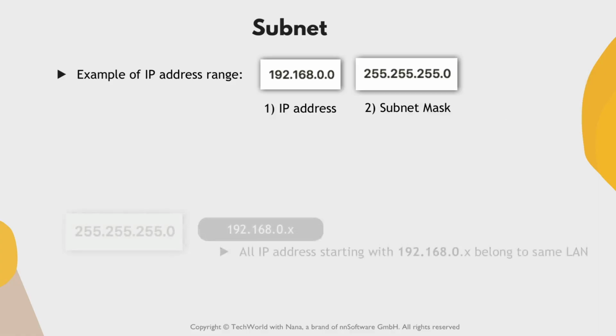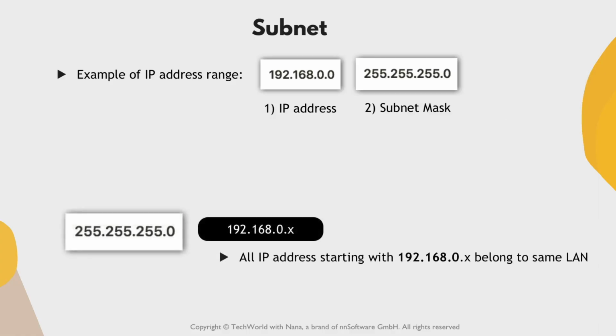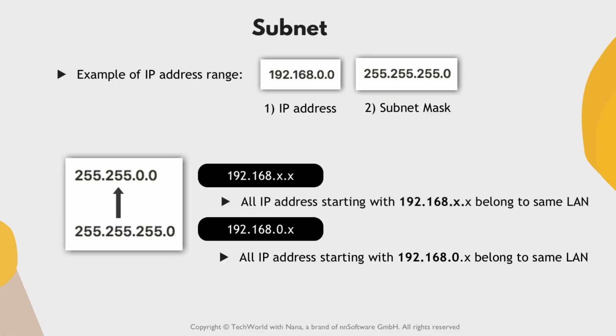If we change the subnet mask value from 255.255.255.0 to 255.255.0.0, then this will define an IP address range that starts with 192.168. So all the IP addresses that start with these two numbers belong to the same LAN.